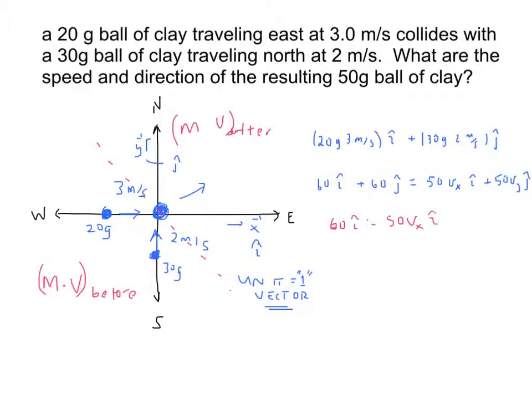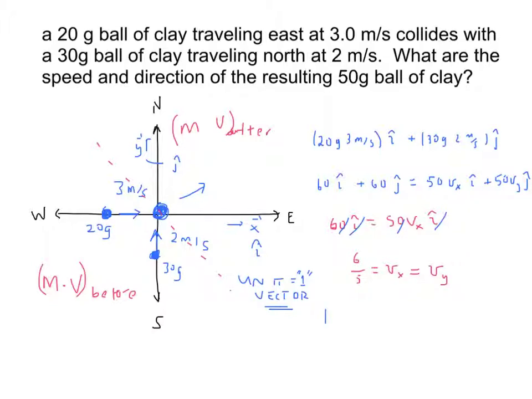Of course, the i drops out, and we get 6/5 equals the component of velocity in the x direction. Now, notice that the numbers for y are the same, so vy would also be equal to 6/5.